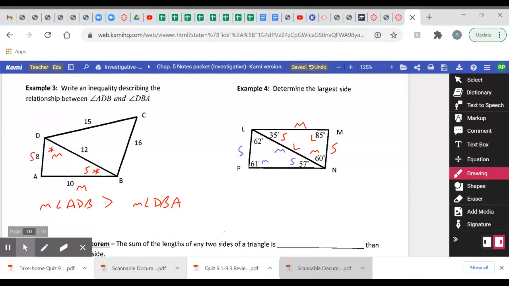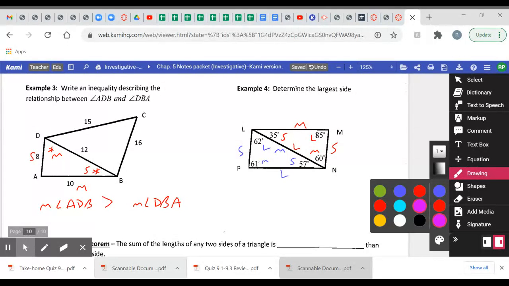Here's the medium angle, here's the medium side, here's the largest angle, here's the largest side. Well, now when we look at it, the question is asking us for the largest side, but if I look at the sides, I can tell this one has an L by it, but it also has an M by it. And I also have the fact that this has an L by it.